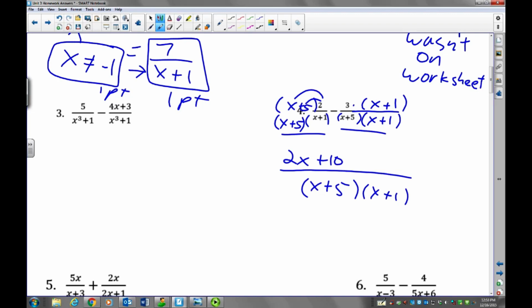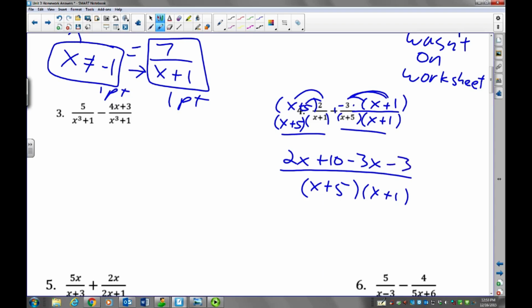Now, tricky part here, that negative actually gets distributed through as well. You could change that to a positive if you wanted to, but we're going to take that negative with us and multiply it through. So we get a minus 3x, and the negative 3 times 1 is a negative 3.